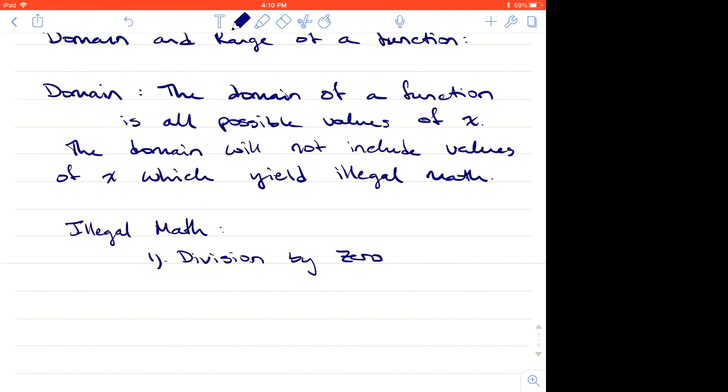And the second one is if we're trying to take the square root of a negative number. So those are things to look out for.